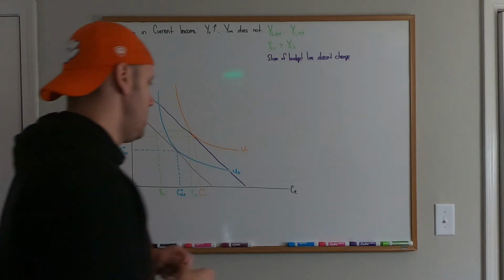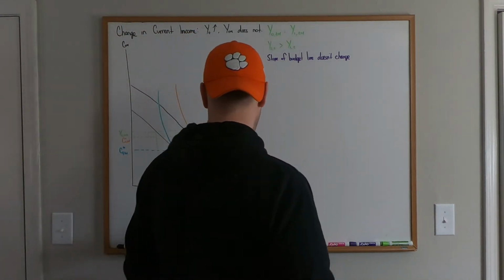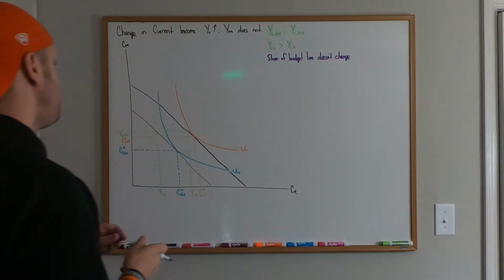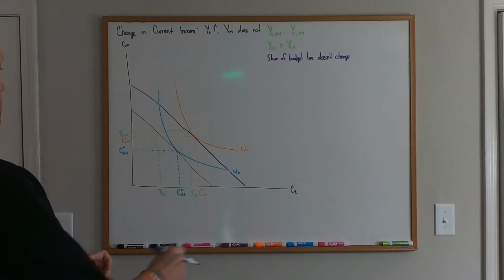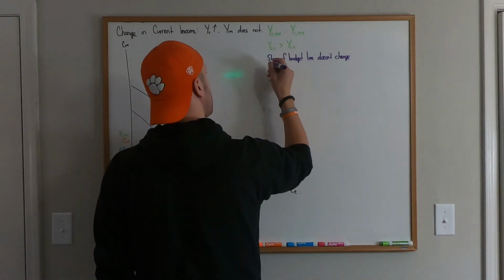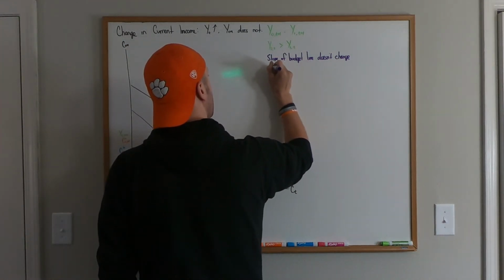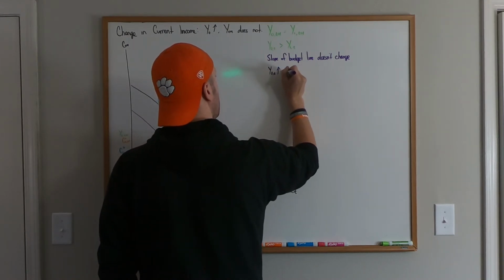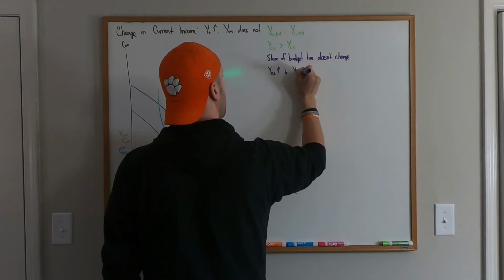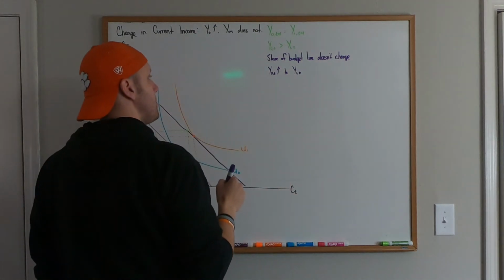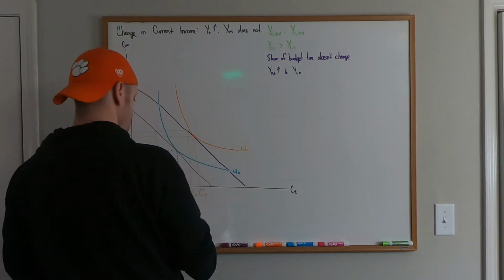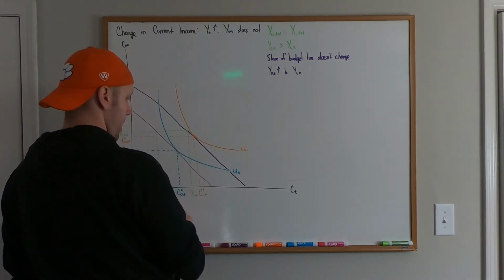YT doesn't remain unchanged, meaning it changes. So when that happens, Y0T increases to Y1T. Now we were initially borrowing.